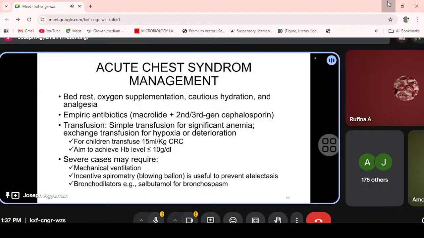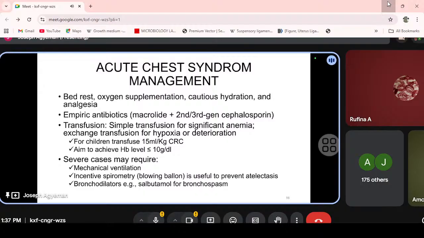If it's available, this can be used as a form of monitoring tool to assess SCD patients, especially between age 2 to 11, where the risk is most high, so that you prevent the patient from getting the stroke.